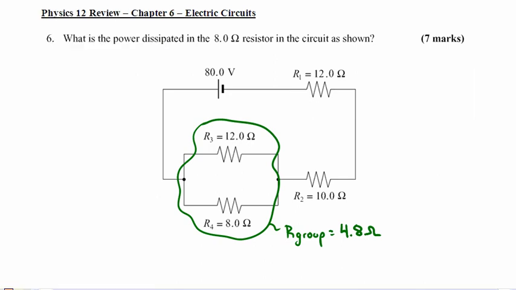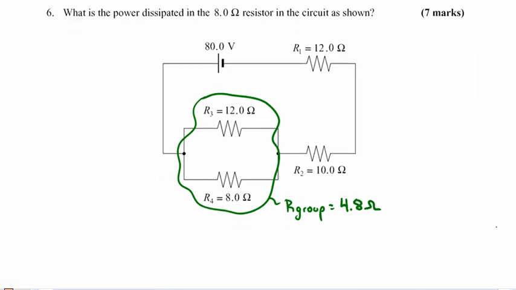Now if we want to, we can figure out the resistance of the entire thing. It looks like overall it's a big series circuit. So the total resistance of everything, we've got a 12, we've got a 10, and then we've got this group, this 4.8, for a grand total of 26.8 ohms for everything. Okay, well now I'm going to use one of my three main tools.